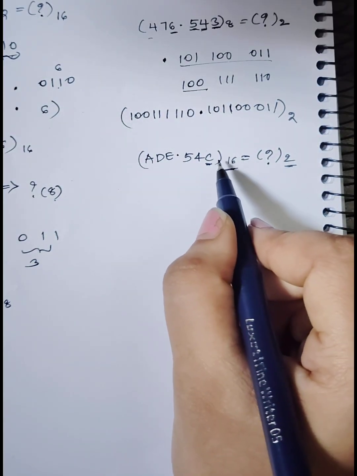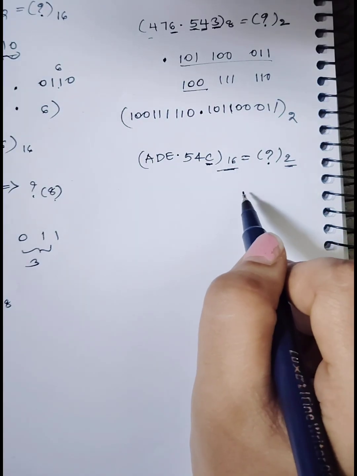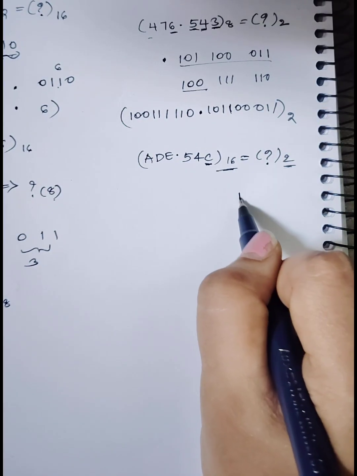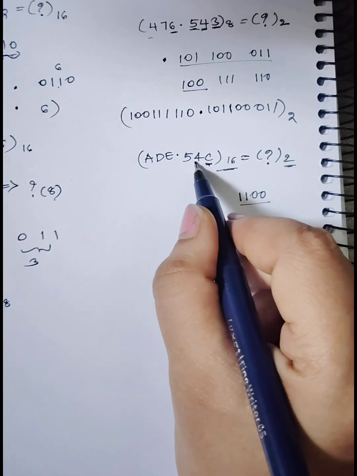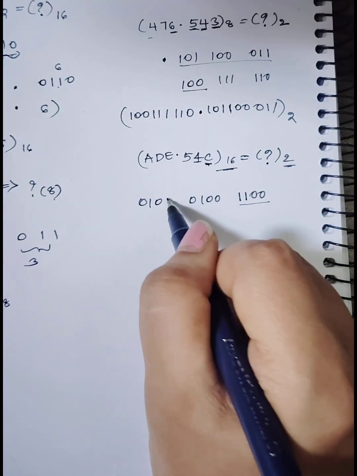So the value of C is 12. How do you represent 12 in 4 bits? 8 plus 4. So this will be the C value. And 4, 0 1 1 0. 5, 0 1 0 1.